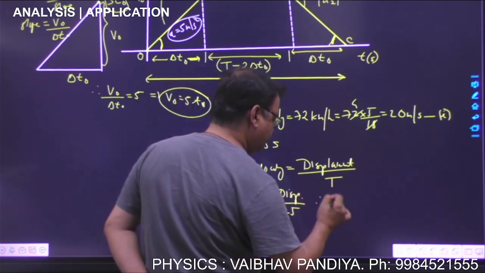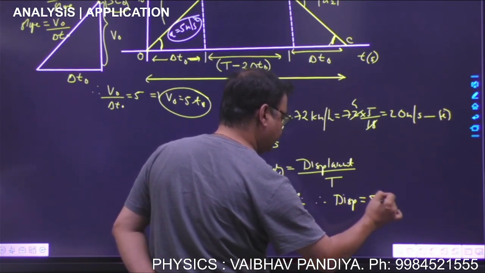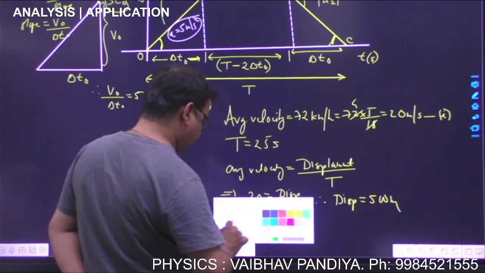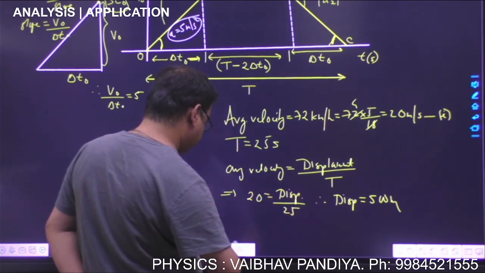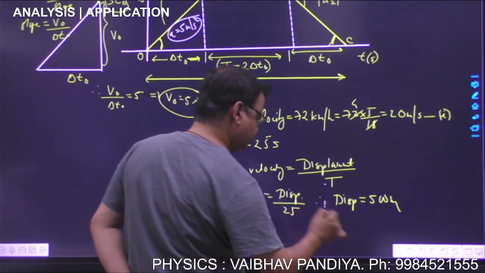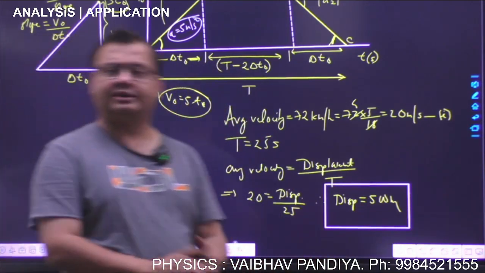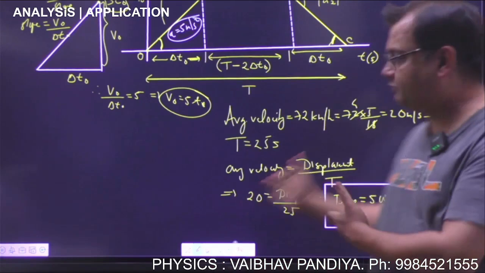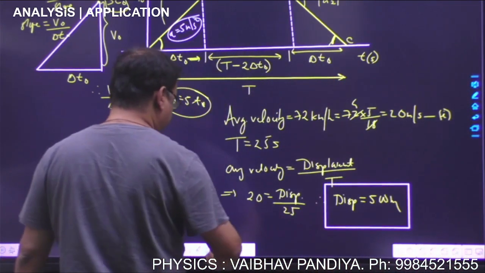So therefore the displacement will come to be 25 into 20, that is 500 meter. Okay, so this is the value of the displacement which we are getting. So the displacement of the whole journey of the car is 500 meter, that we got from the basic information of average velocity and the time interval given in the problem.